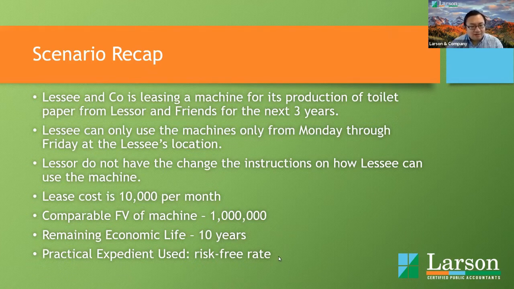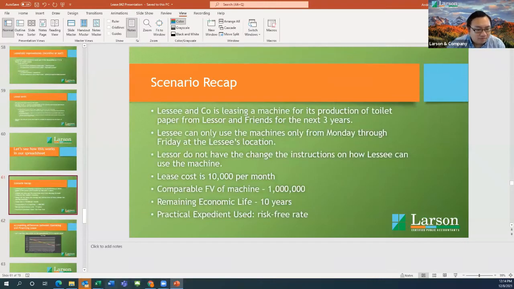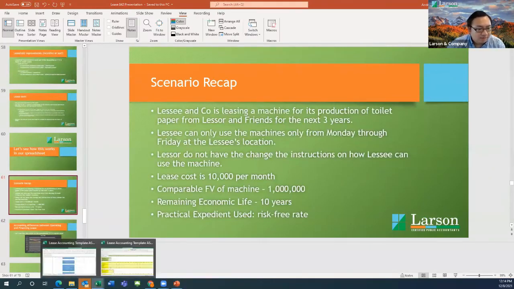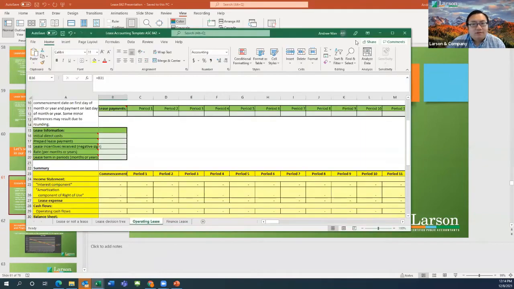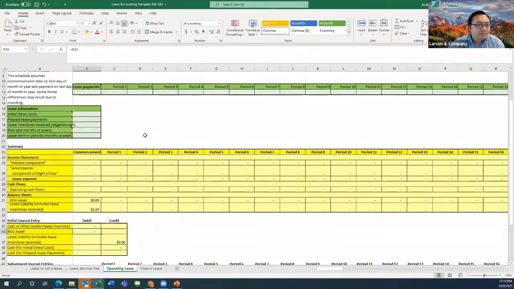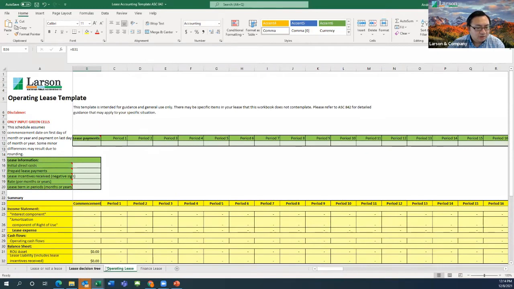So with that, I'm going to exit out of this presentation mode and pull up our document. So here's the template. In this situation, we're going to use the operating lease tab.